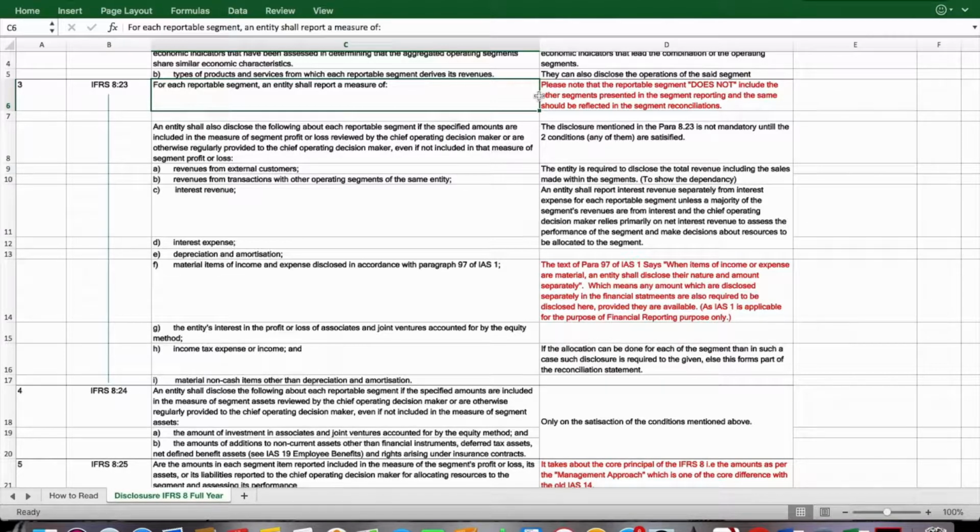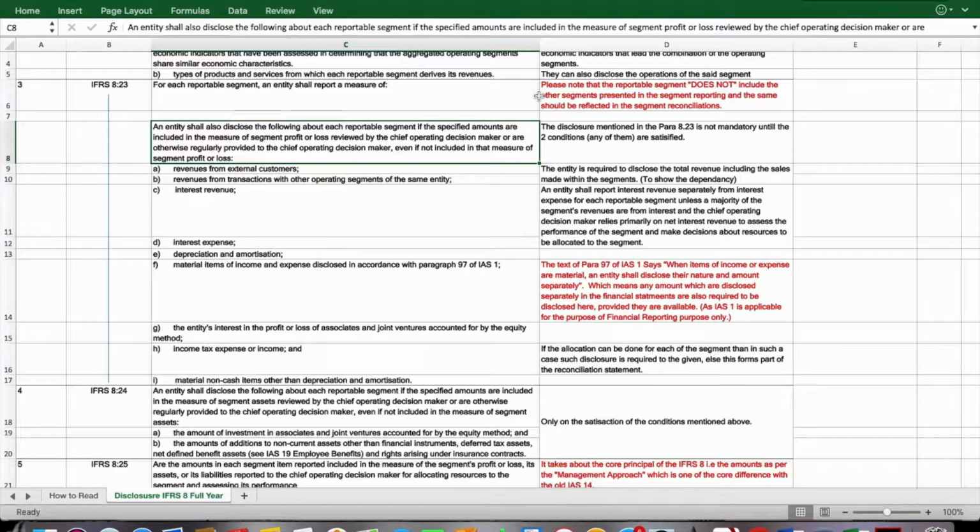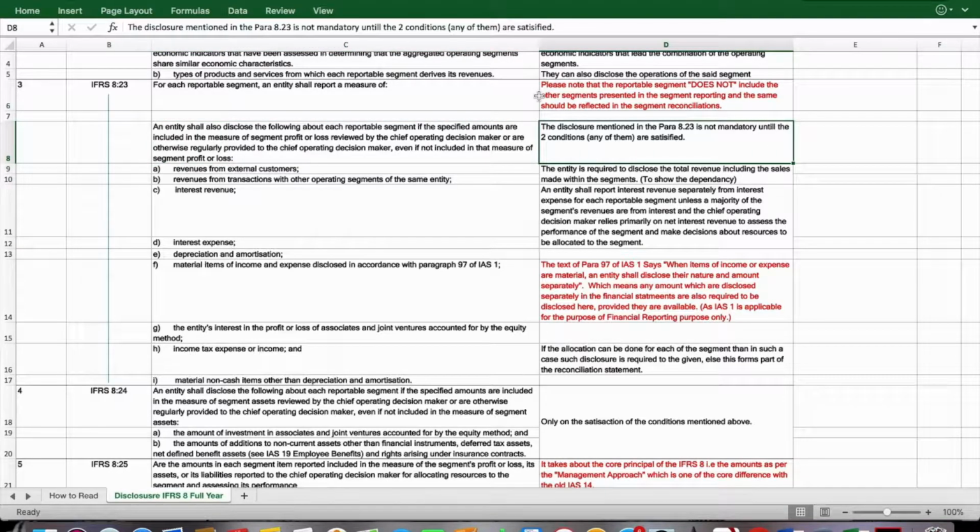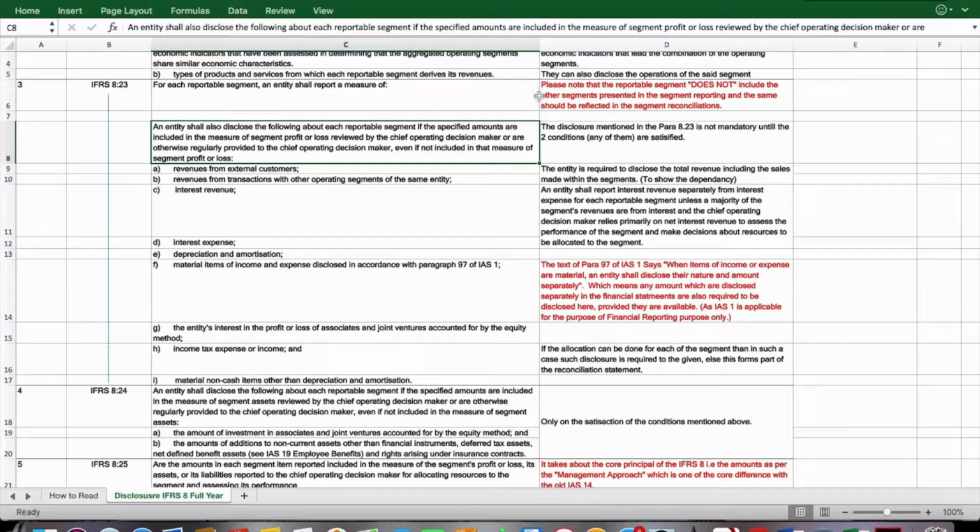So let's go deep into IFRS 8.23, the paragraph 23's requirement. The disclosure mentioned in paragraph 8.23 is not mandatory until two conditions are met. Now, there are certain disclosures that we need to make. The first one is the revenue from external customers.